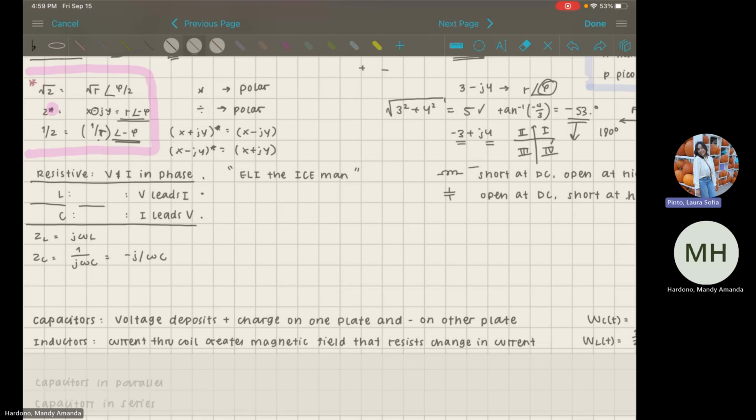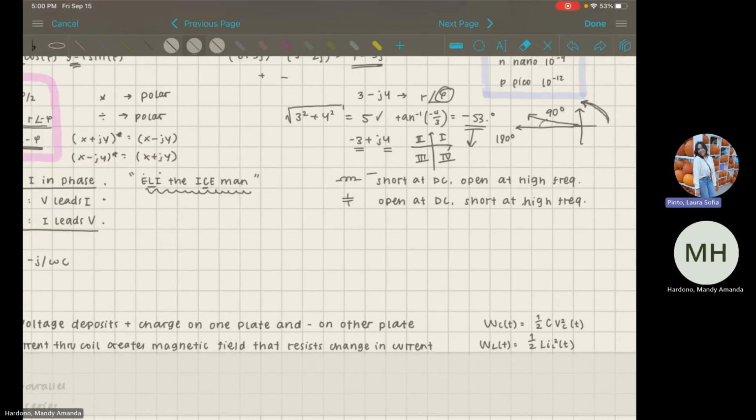You can remember these three things by remembering this phrase, which is what she taught you: ELI the ICEman. You have E as your voltage, I as your current, and in the middle is L for inductance. It's the same thing with your capacitor.